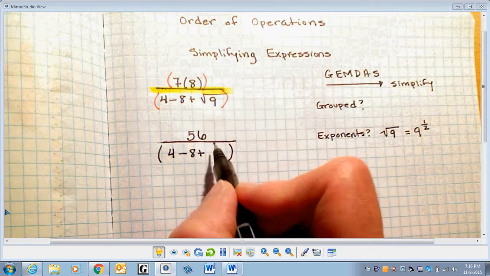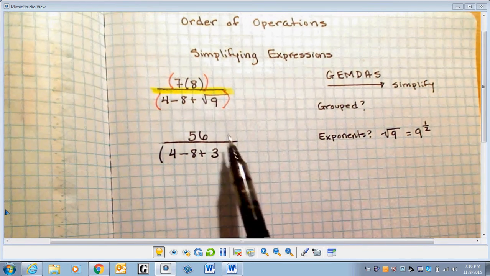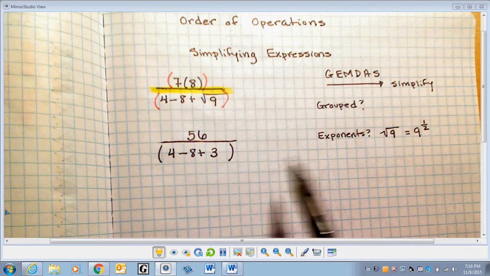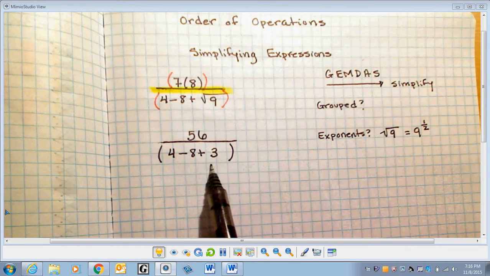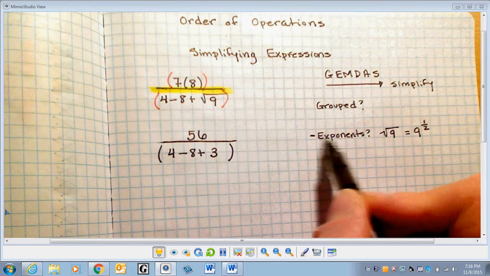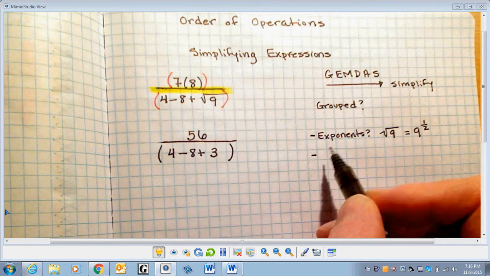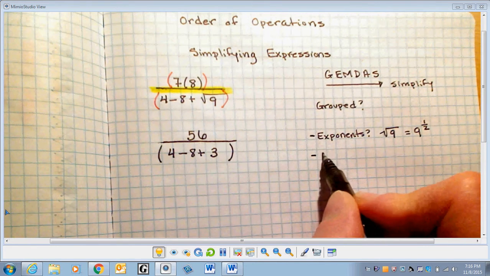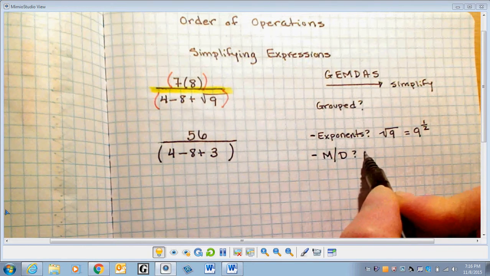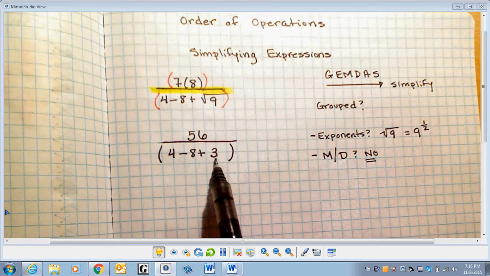Well, the square root of 9 is 3. So now I no longer have a square root, I no longer have an exponent. I've done that. I'm still working within the grouping, so I'm going to put a hyphen there to know that this is within the grouping. I ask myself, is anything being multiplied or divided? And the answer is no. Nothing is being multiplied or divided in that group.